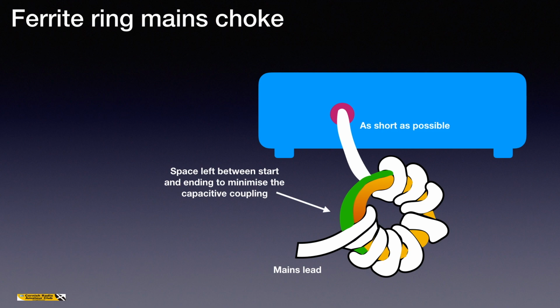So any RF that's found its way into the mains will be attenuated by putting the ferrite ring there. And it says put it as closely as possible to the affected equipment, because that leaves only a short length, if you like, of unfiltered mains lead.